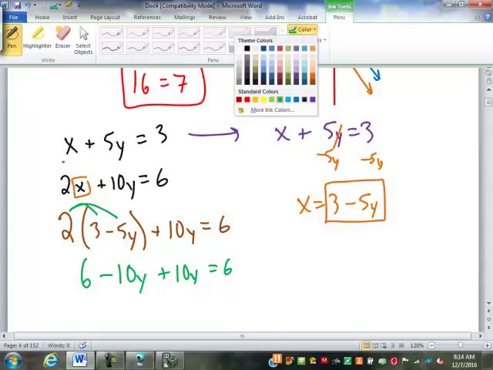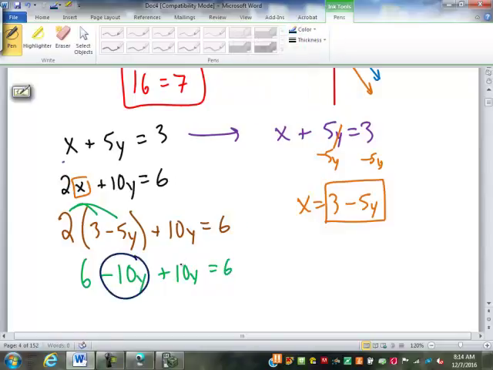And then negative 10y and 10y cancel out. Yeah, 6 equals 6. Same type of thing happened as up above. Does that mean there's no solution? Well, does 6 equal 6? Yeah. Are there any values of x and y I can pick that'll make 6 not equal 6?